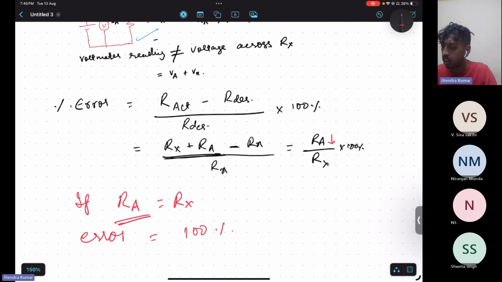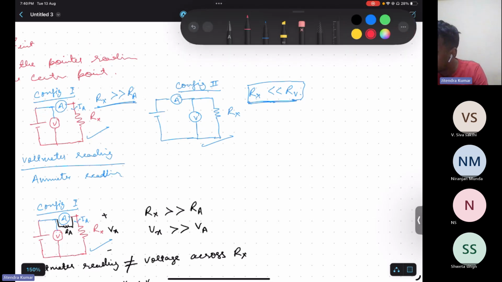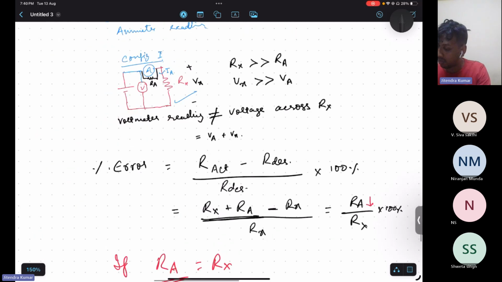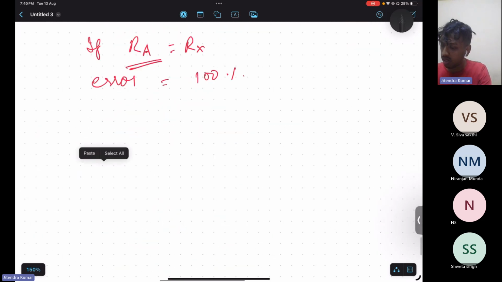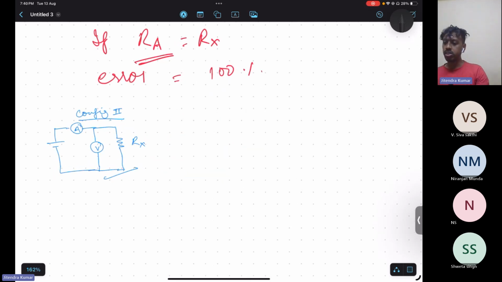Now coming back to the second configuration. So what about this configuration? We said about this configuration that Rx should be much less than RV. Why?